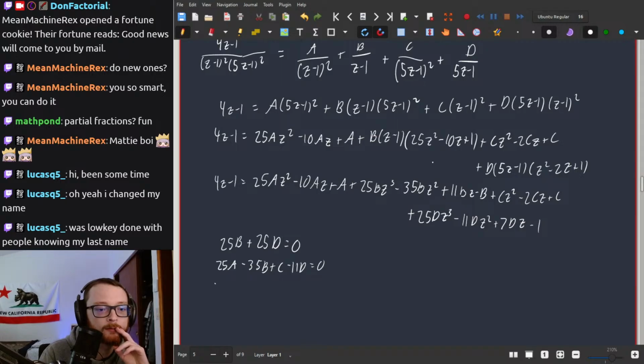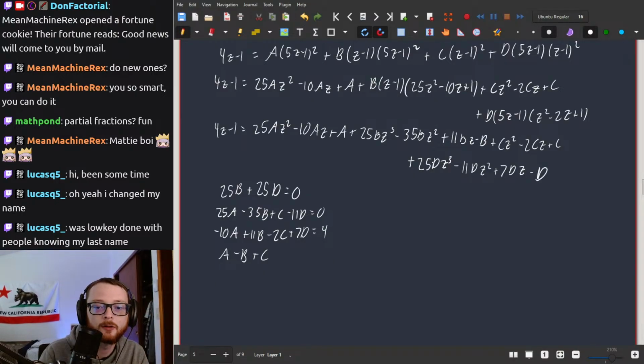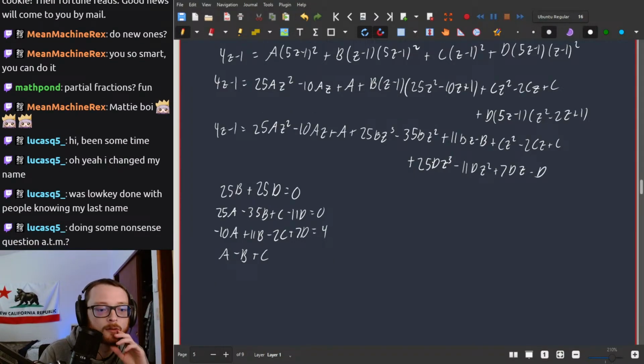From the z's, we have a minus 10a, we have a plus 11b, minus 2c, and a plus 7d. Wait, we actually have a 4. Okay, and for constants: a minus b plus c minus d equals minus 1.